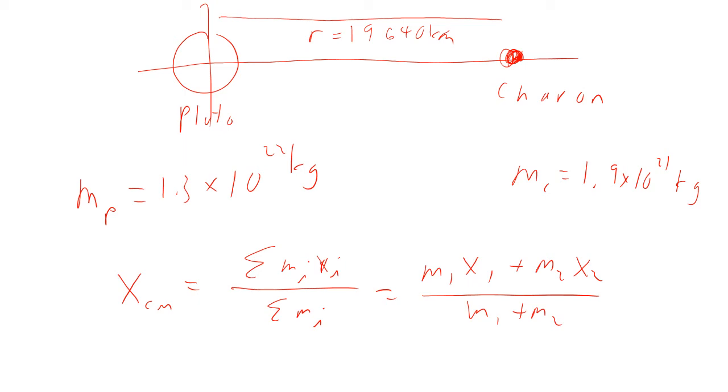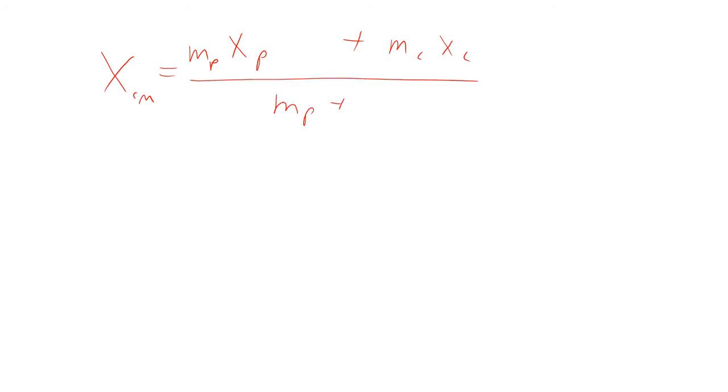Okay, so the x of the center of mass is going to be the mass of Pluto times the x of Pluto, plus the mass of Charon times the x of Charon, divided by the total mass. But if I put an origin on Pluto, the x position there is 0.